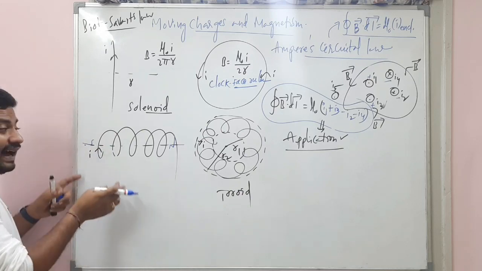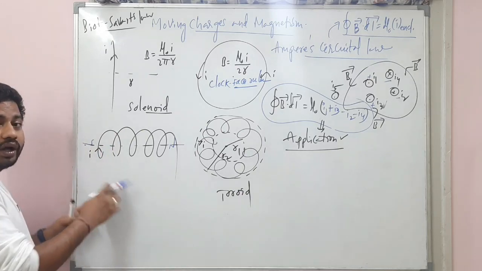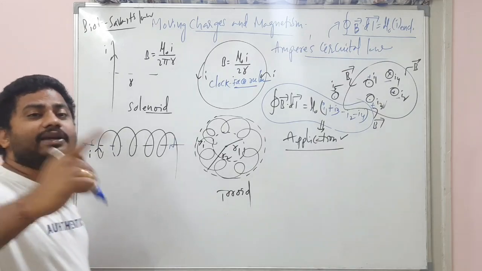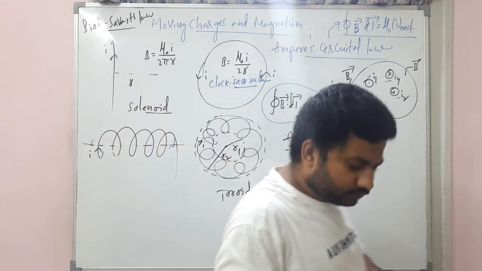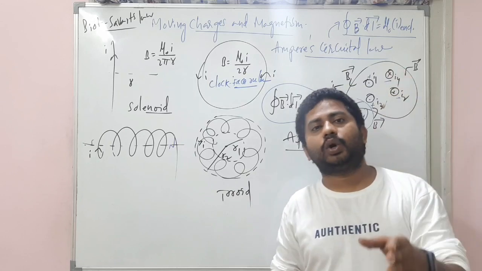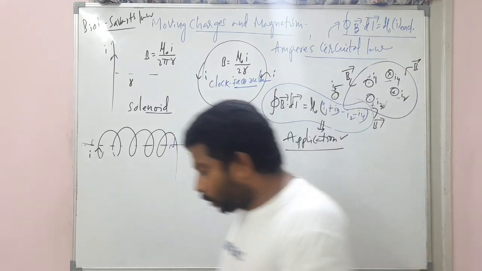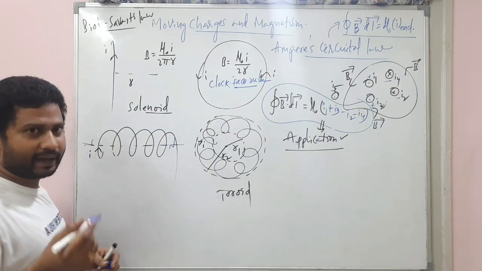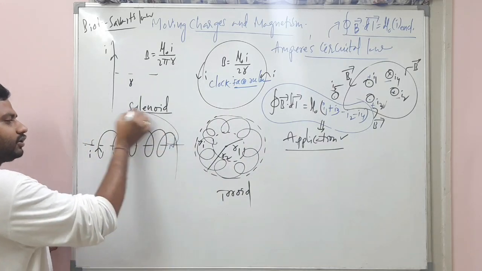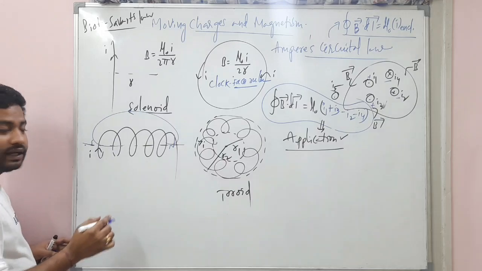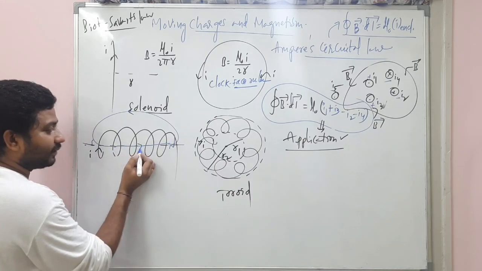You know, when a current is carried by a solenoid, it behaves exactly as a bar magnet. A current carrying solenoid will behave exactly as a bar magnet, remember. And you know the magnetic field lines of the bar magnet. They move north to south outside the magnet and south to north inside the magnet.